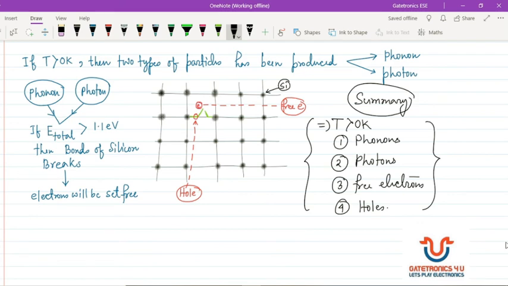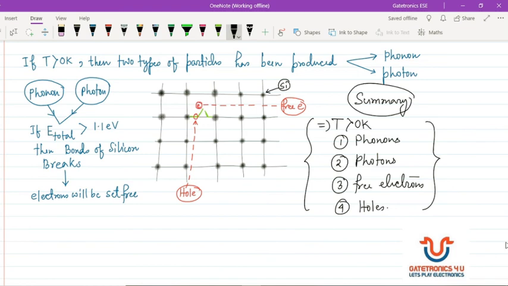Not a single atom can say that this free electron is mine. With every free electron inside this semiconductor, a hole will be created, and the process by which a free electron and a hole are created simultaneously is called the electron hole pair generation.